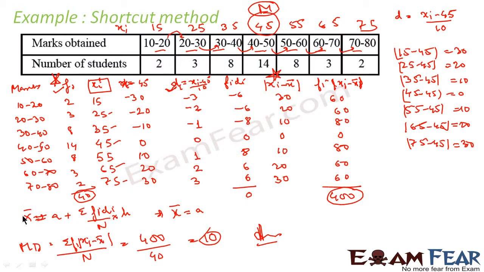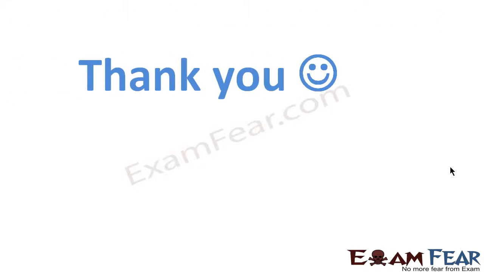This value was 0. The original mean is nothing but a plus sigma fi di by n into h. This came out to be 0. So the original mean is nothing but the assumed mean. So we got this original mean, or the actual mean, is nothing but 45. So once we have the actual mean, we use the same formula which we have used in the last examples to find the value of mean deviation about the mean. Now let's discuss. Thank you.